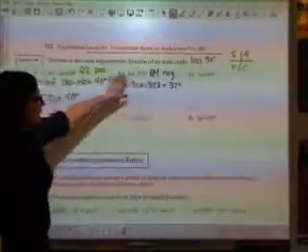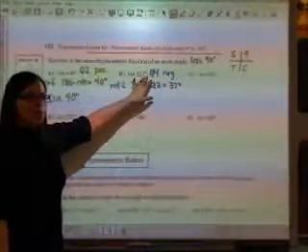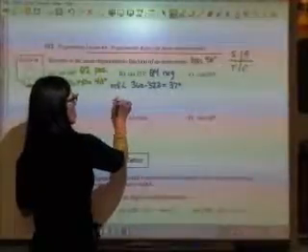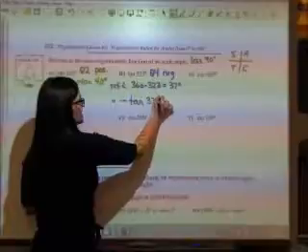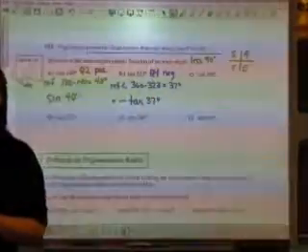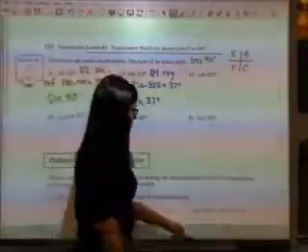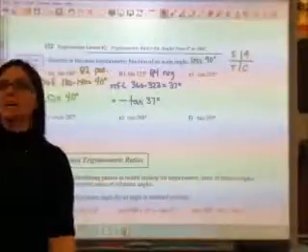So I can say that tan of a 323-degree angle will equal the negative of tan 37 degrees. So try a similar process for the next 4.